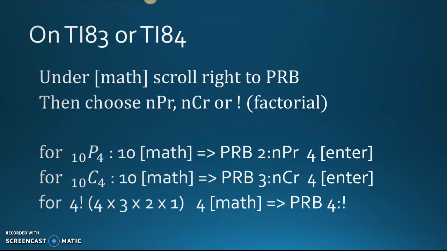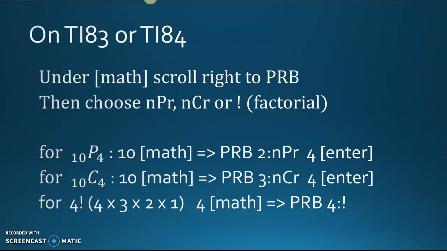Now, if you want to do combinations, it's not any harder. You just say, okay, I want to take 4 out of 10 things as a combination. I type 10, then the Math button, scroll over to where it says PRB, scroll down to where it says 3 nCr, hit enter, type 4, hit enter. That's it. Basically the same thing.